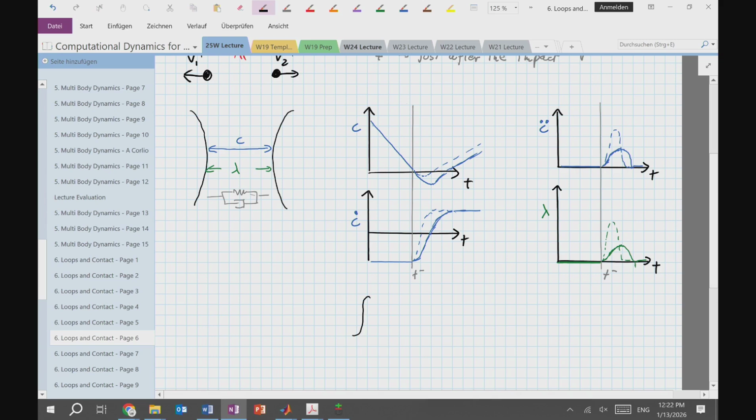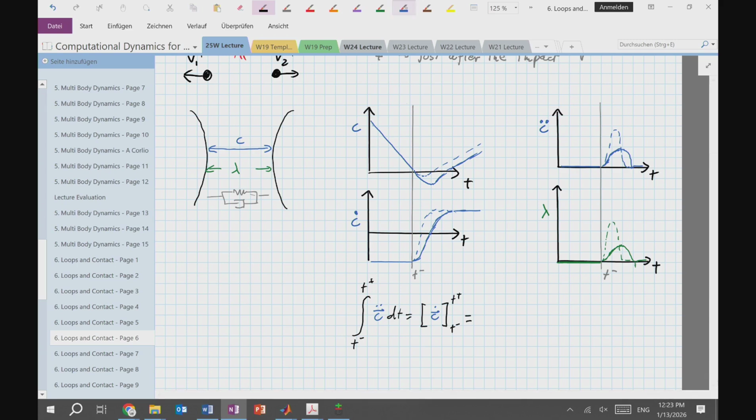If I think about the area under these curves, so the integral from t minus to t plus, beginning of contact phase to end of contact phase, over my accelerations integrated against time, I need an integrand. The integrand of c double dot is c dot, and I need to evaluate this at time t plus and time t minus.